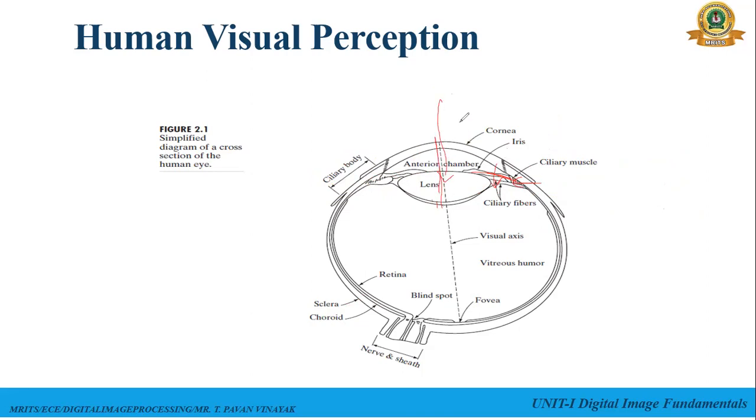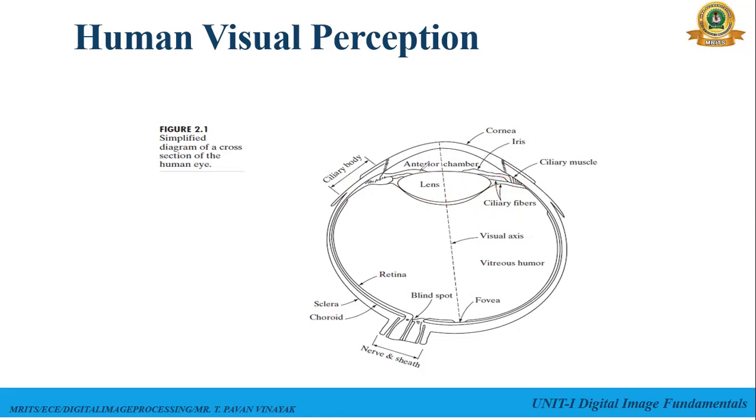In this direction only light has to enter into your eye, in this lens area. Other than this lens area, the light doesn't enter into the human eye. If it enters, the blood vessels get affected.